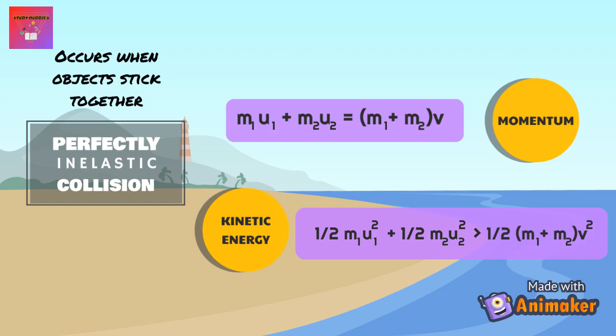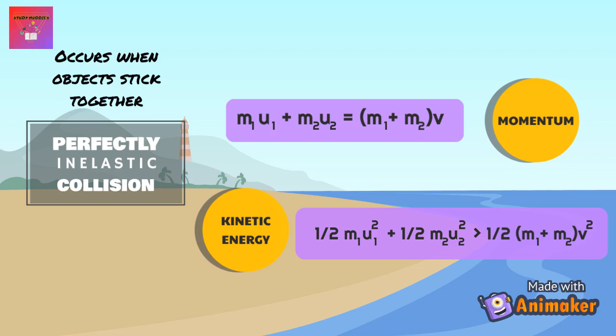These equations are more or less the same as inelastic collision. The only difference is perfectly inelastic collision has only one final velocity, while inelastic collision has more than one.